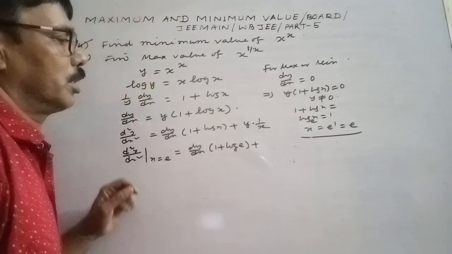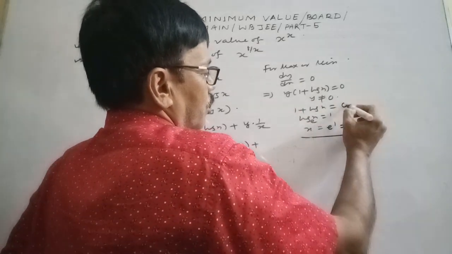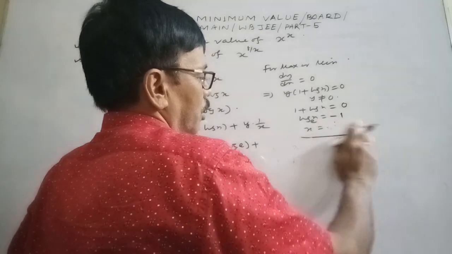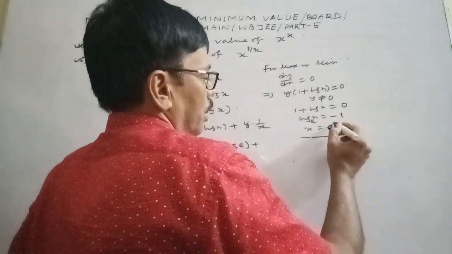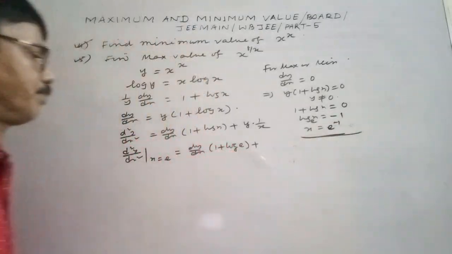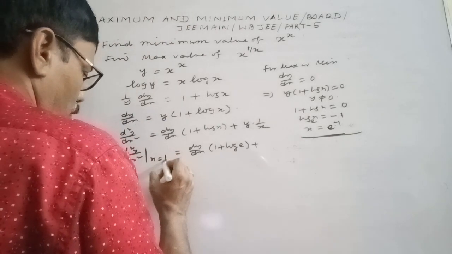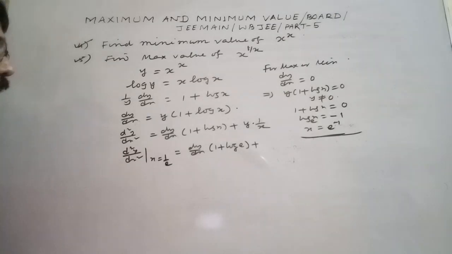So look, this is wrong. 1 plus log x equals 0, so log x equals minus 1. Sorry. So x equals e to the power minus 1. So you have to verify the double derivative at x equals 1 by e.